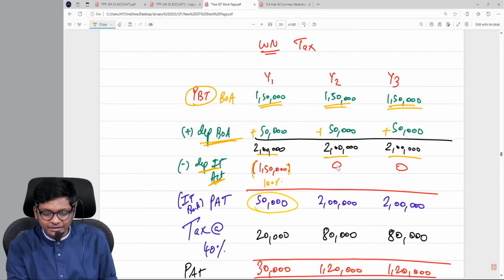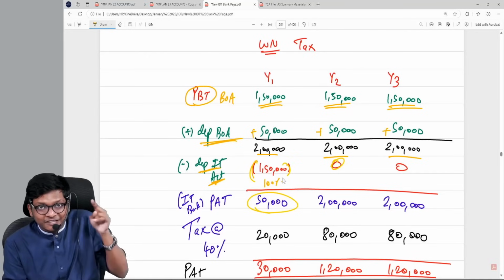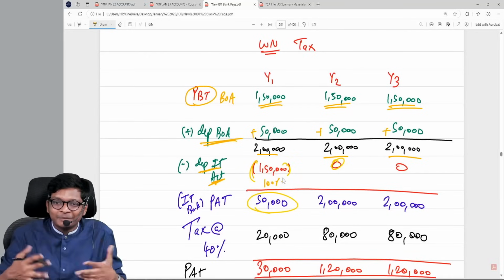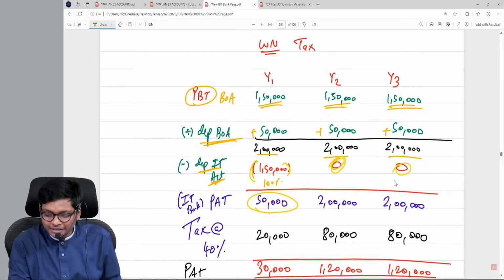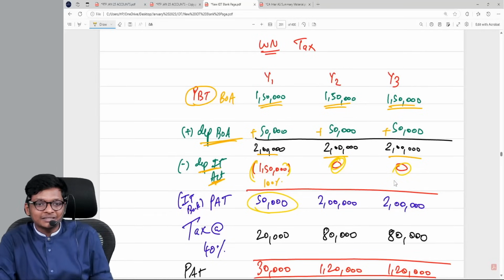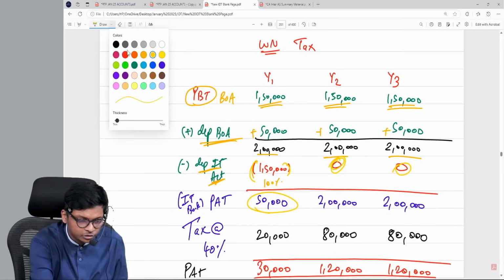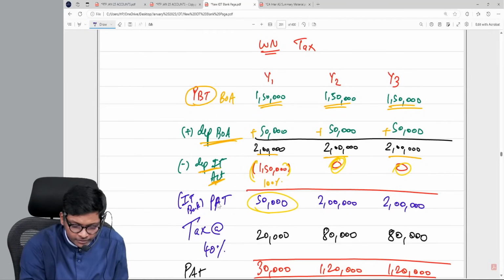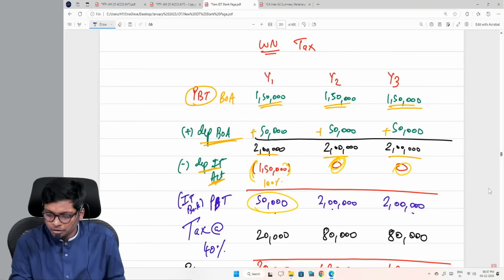What about the second year? 0. Because the income tax is giving the full depreciation benefit in the first year, the second year reduction is 0. Third year also reduction is 0. Sorry, profit before tax is 50,000, 2 lakhs and 2 lakhs.